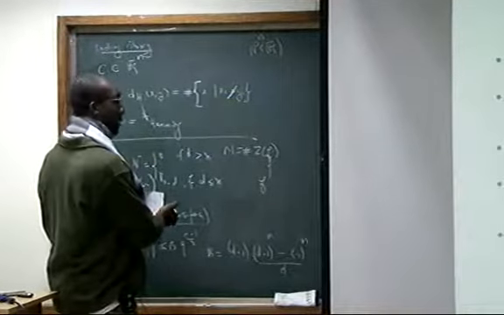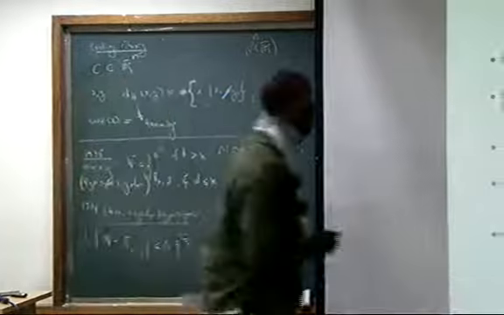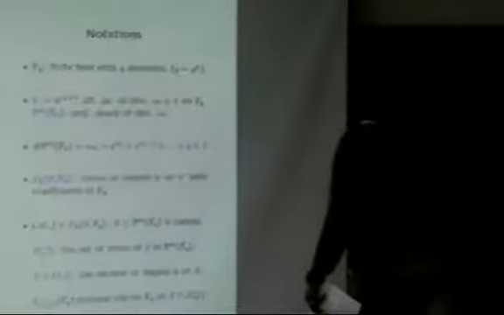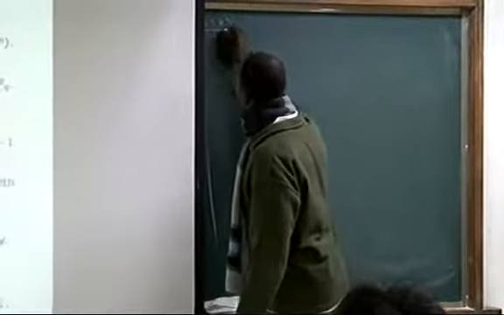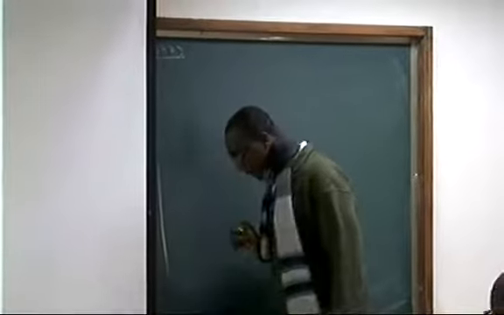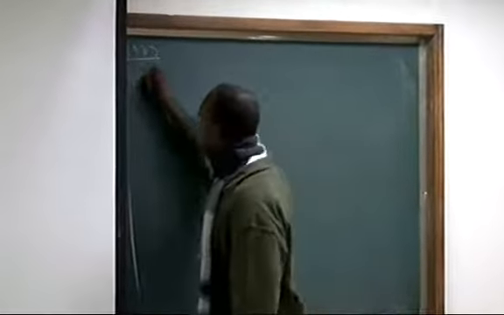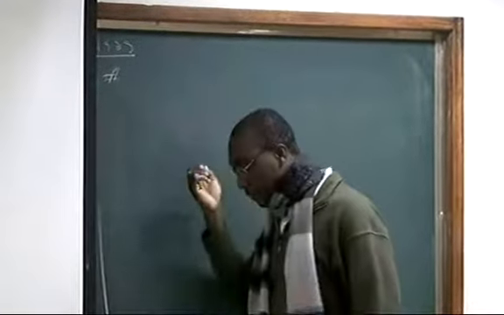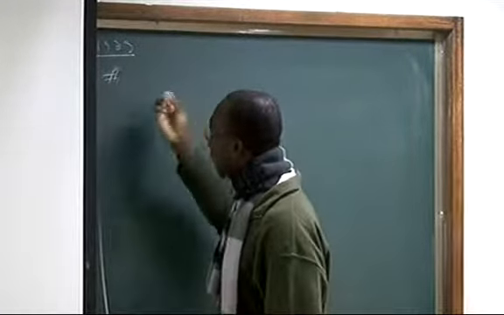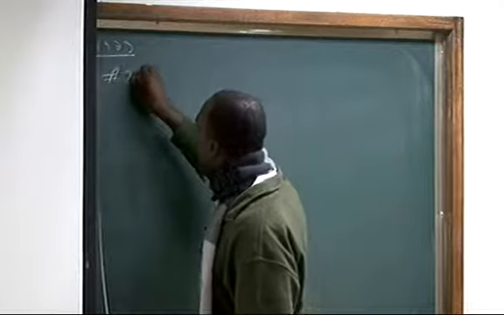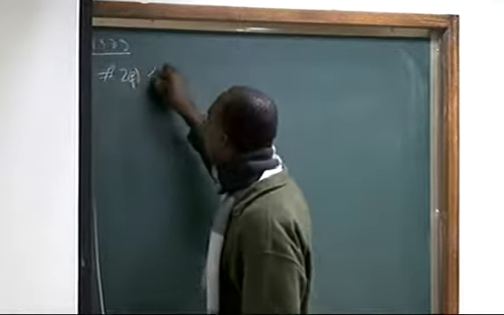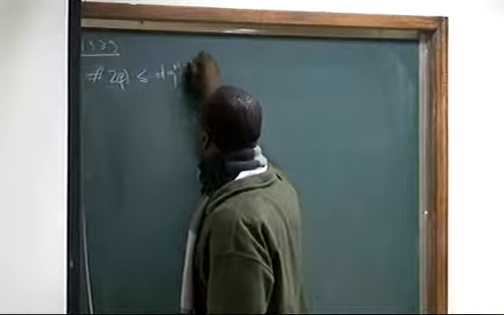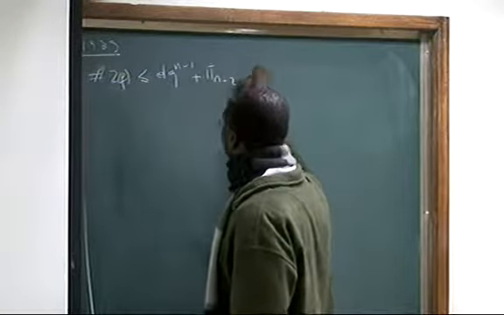And in 1989, Jean-Pierre Serre proved a result that was conjectured by Tsfasman. He proves that if you have a hypersurface of degree d, the number of points N is less than or equal to d q^{n-1} plus p_{n-2}.